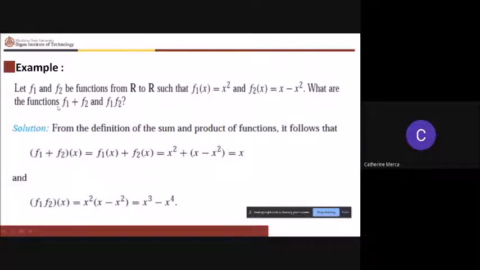Okay? Let's take a look at F1 plus F2. What is F1 plus F2? F sub 1 of x plus F sub 2 of x. Our first function is x squared, plus our second function is x minus x squared. So, function 1, which is x squared, plus function 2, which is x minus x squared.